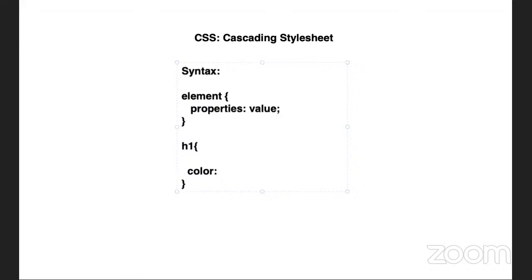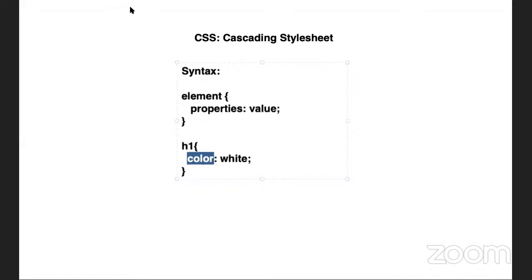There are a lot of things. So here, if you see, it is color. This means the text color. And if I say white, what I'm saying is whatever text you are going to write for h1, it is going to be white in color. So this is the basic syntax.